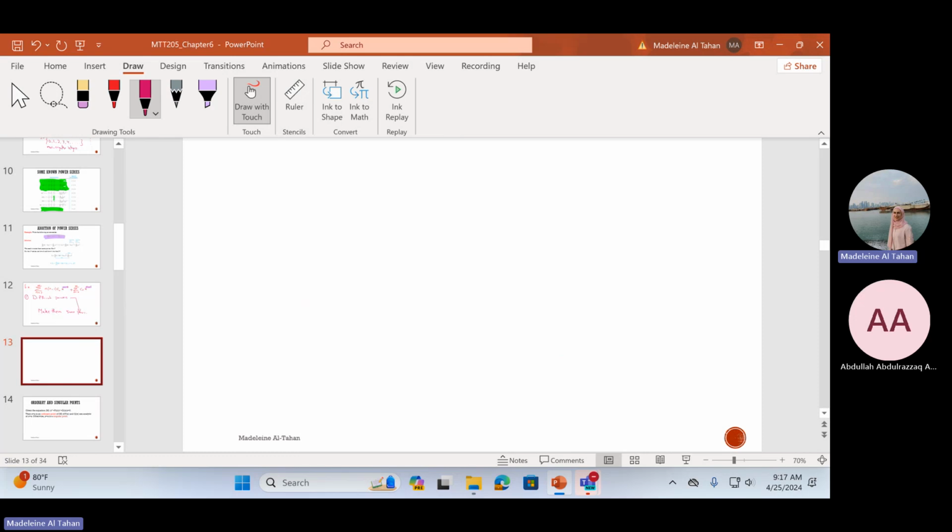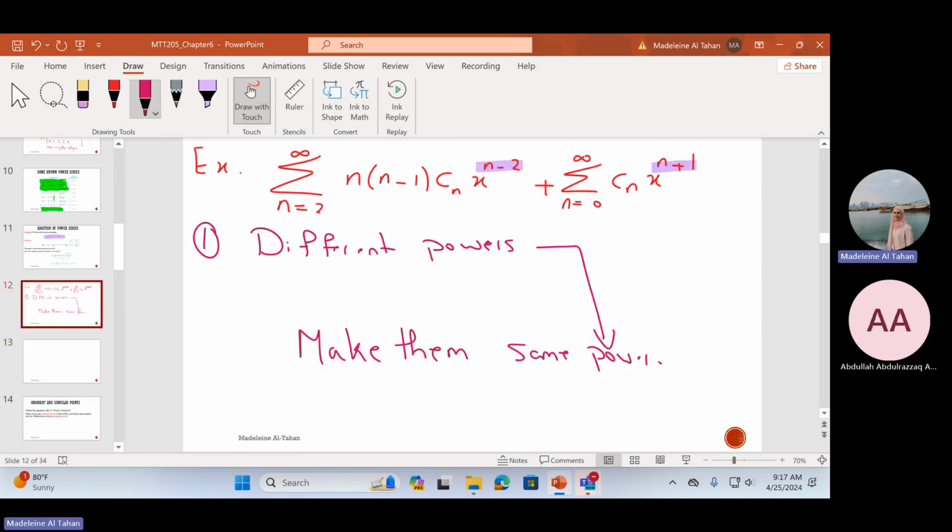Where's our problem? The purple part. So this n minus 2, we will assign it a k, an integer. And this n plus 1, we will assign it a k as well. And we will change everything to k. Let's rewrite them again.